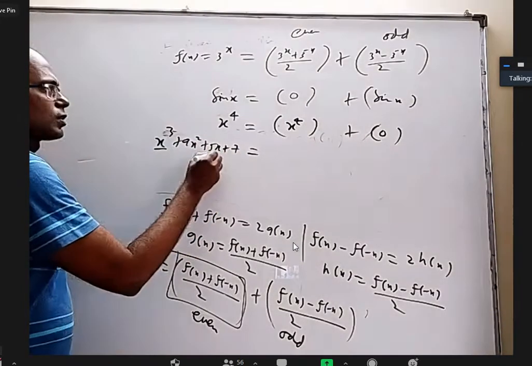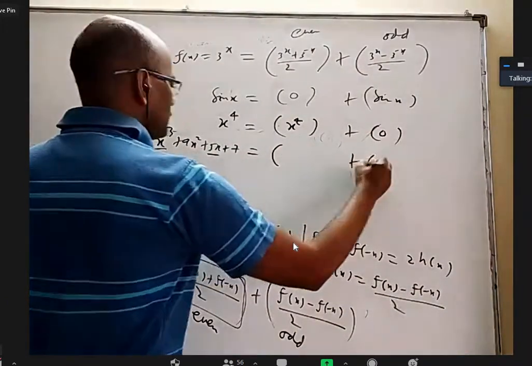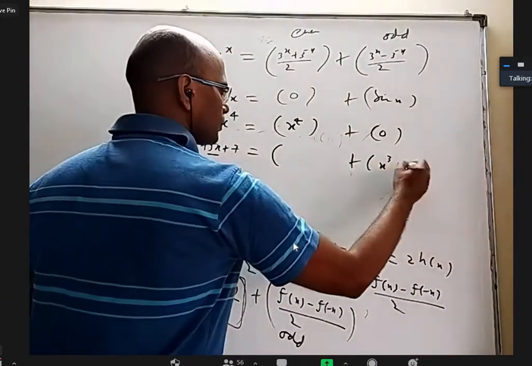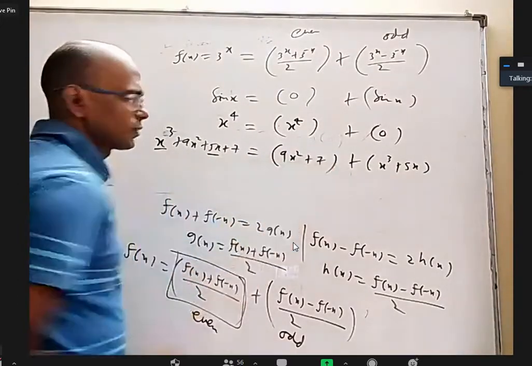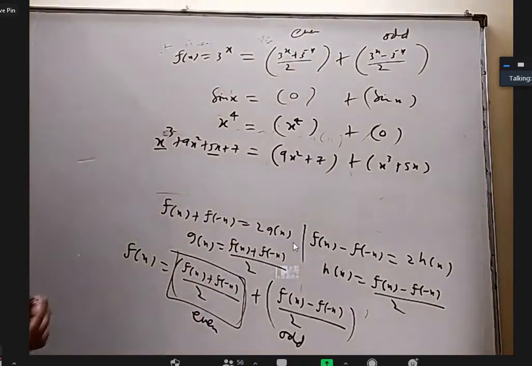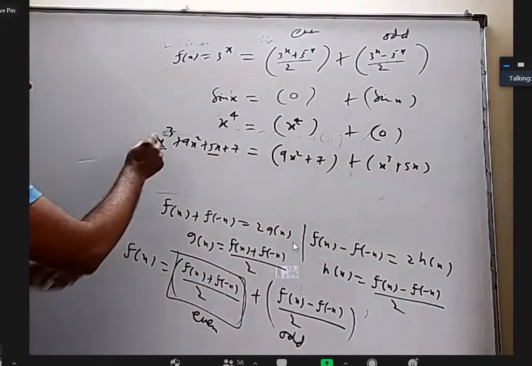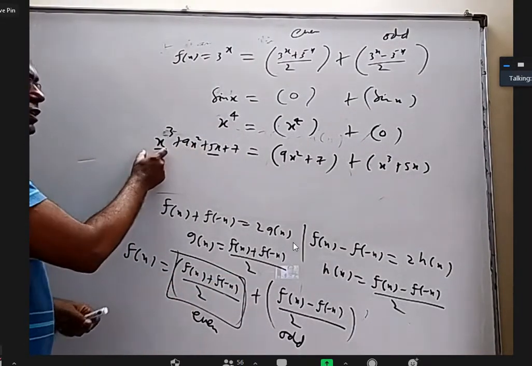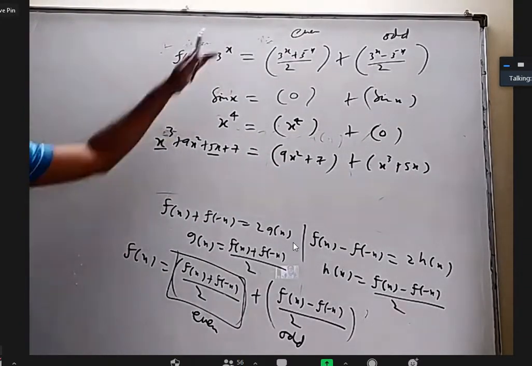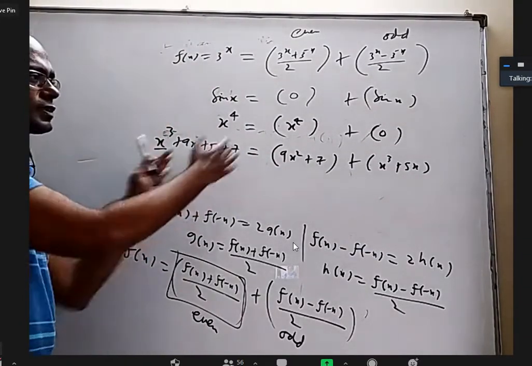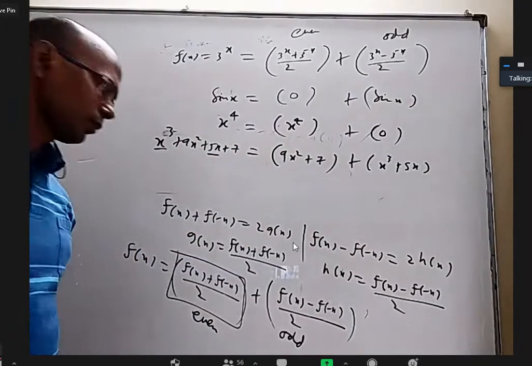This and this are odd, so they will come here, that is x cube plus 5x. 9x square and 7 are even, so 9x square plus 7 will come. I don't need this formula also. I can easily understand looking at each term whether it will go into the even part or the odd part. So these are some examples of writing a function as the sum of an even and an odd function.